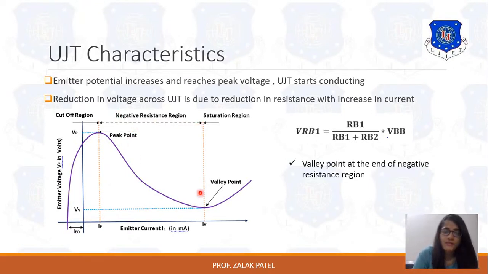Here the valley point is the end of the negative resistance region, which means after this valley point, again an increase in voltage as well as an increase in current will happen. So after the valley point, the region is called the saturation region. So this is the UJT characteristic. The application of UJT is to trigger the SCR, silicon control rectifier.